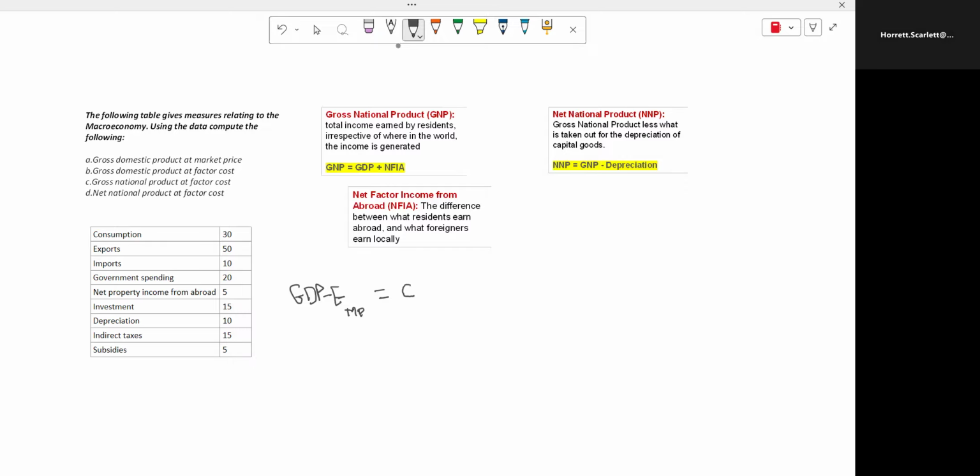It's the level of consumption by the household plus all the investments which would have been done by the firms, plus whatever spending has been done by government, plus how much was spent in terms of exports and how much was spent in terms of imports.